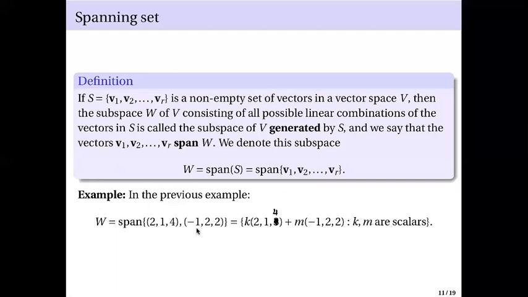Okay? Another example. Let me just add it here. If you get the span of the vectors (1, 0, 0), (0, 1, 0), (0, 0, 1), this will give you R3.